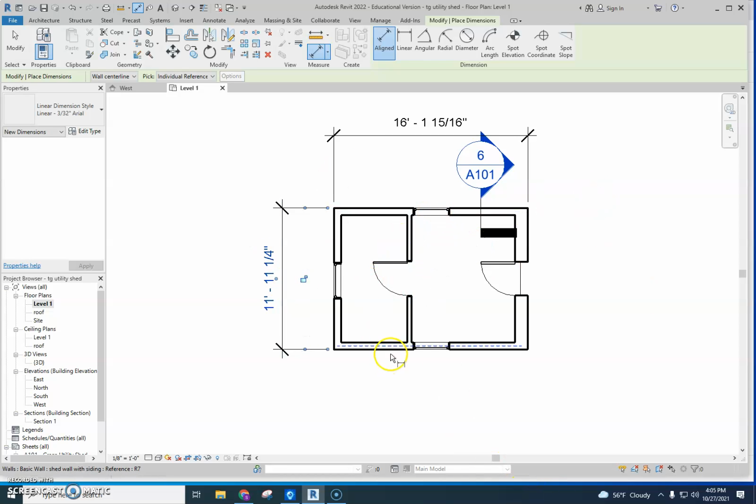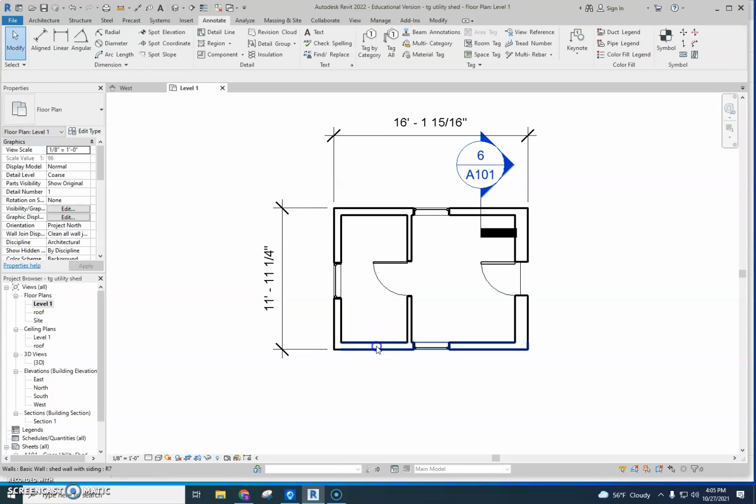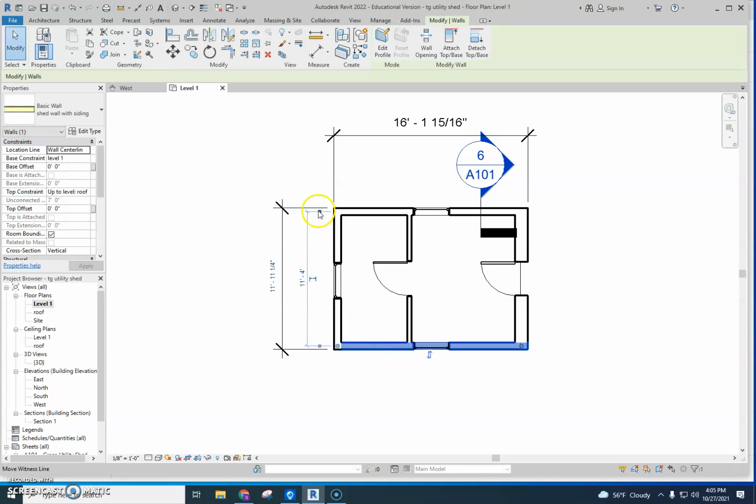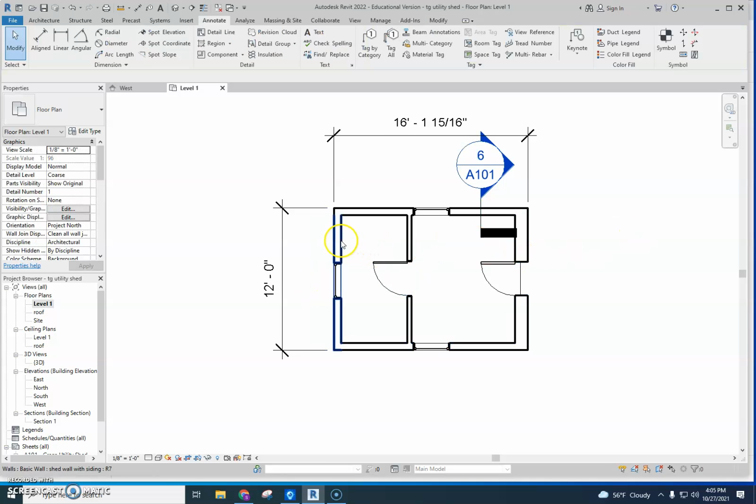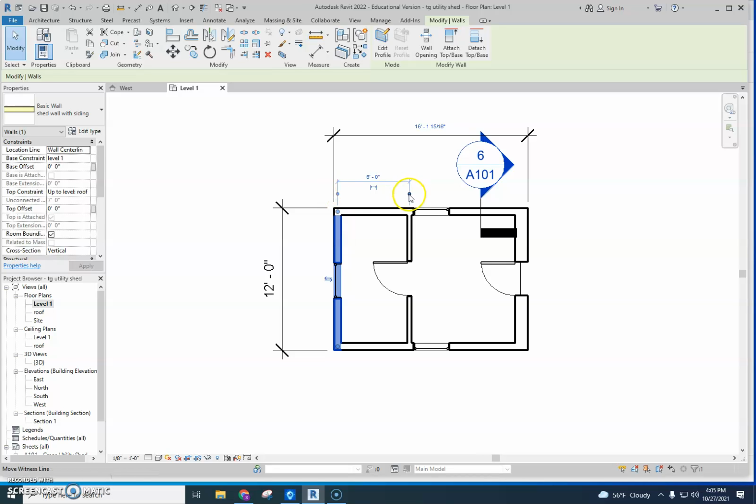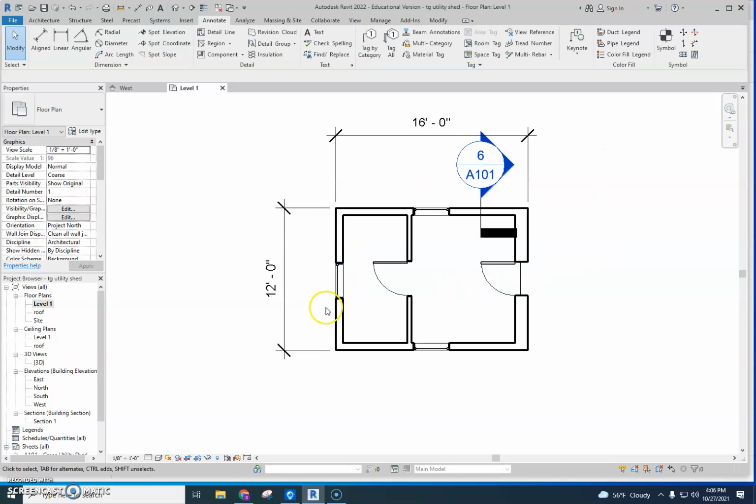So really there's kind of an issue with this particular shed. We should go ahead and make this 12 feet like so. We'll say 12. So now it's 12 and we should go ahead and make this 16. But this is the shed we're using. So there's our shed, 16 by 12.